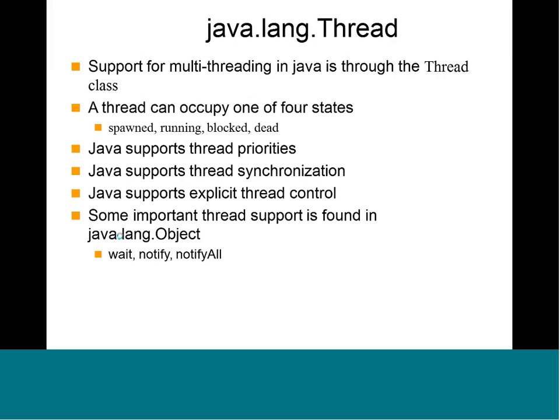So you're going to work with the java.lang.Thread library, and the Thread class basically has these 4 states that are supported at a high level. Sorry, I'm having trouble drawing arrows there. Java also supports thread priority.